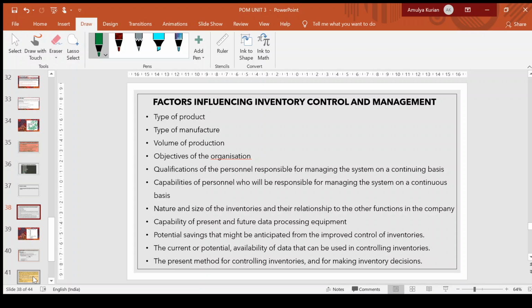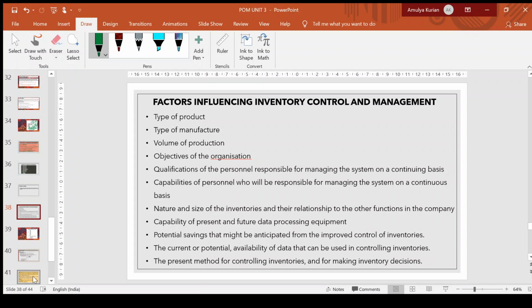First one, which type of products you are making. That will be one factor which will be influencing your inventory control and management. If the material used in manufacture of the products has a high unit value when purchased, you need more control. The second one is type of manufacture.